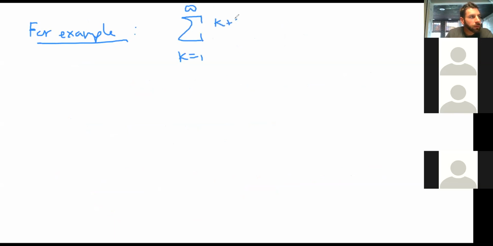Suppose I take this series. Let's take the sum as k goes from 1 to infinity of (k plus 3) over (3k plus 5). Now look at these terms. The first one is going to be 4 over 8.